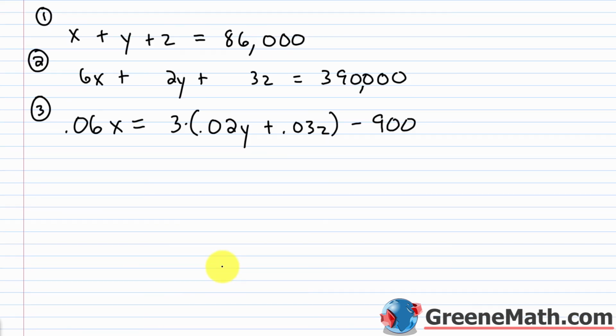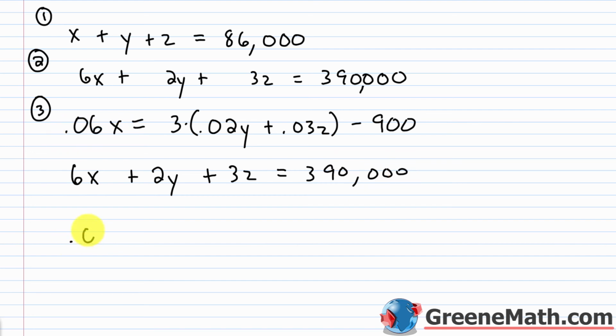All right, now let's work with equation 2 and 3. And again, we've got to eliminate the same variable this time, so we've got to eliminate y. So for equation 2, I have 6x plus 2y plus 3z equals 390,000. For equation 3, it's a little clustered. Let's kind of clean it up.